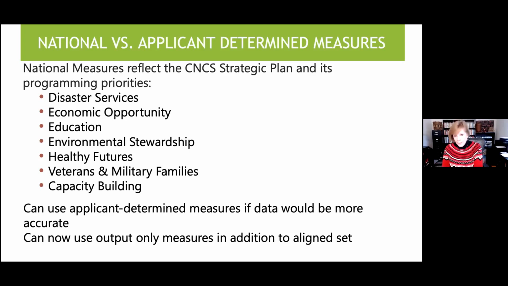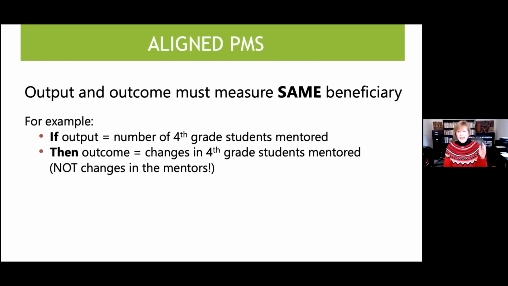That's not a requirement, but you have to have one aligned set. And you just have to double check yourself that the output and the outcome are measuring the same beneficiary. So if it's an environmental program, if your output is trails, your outcome is going to be trails.